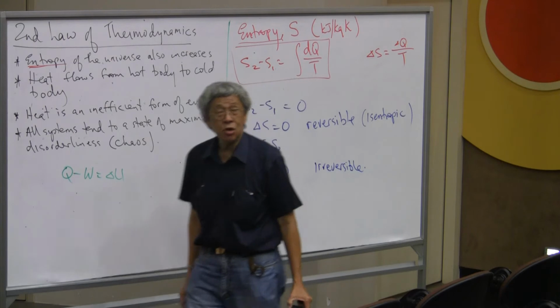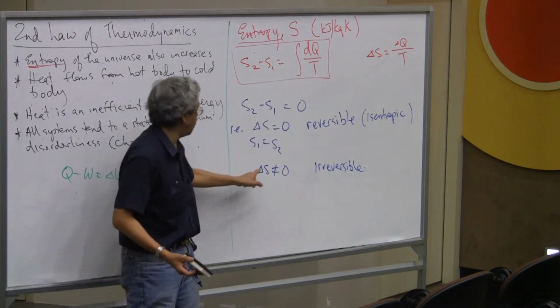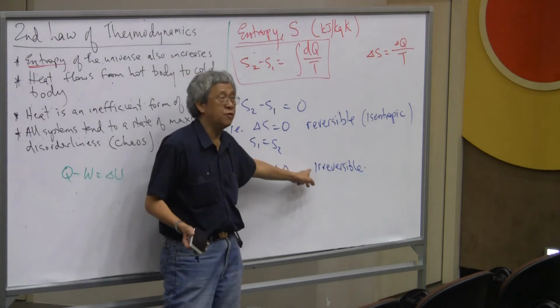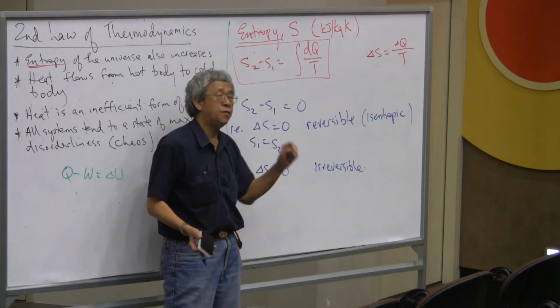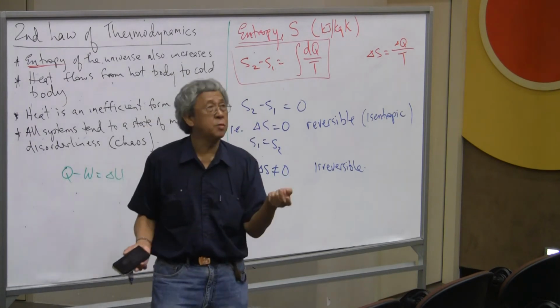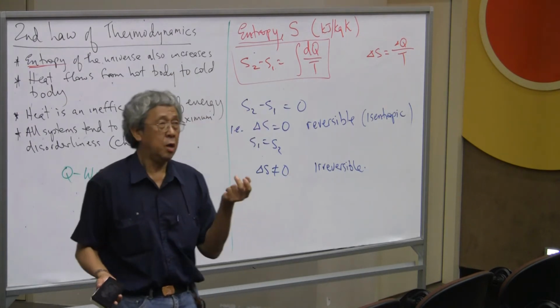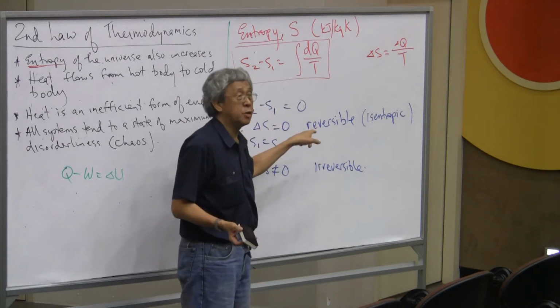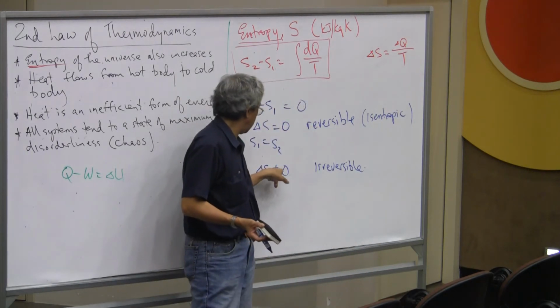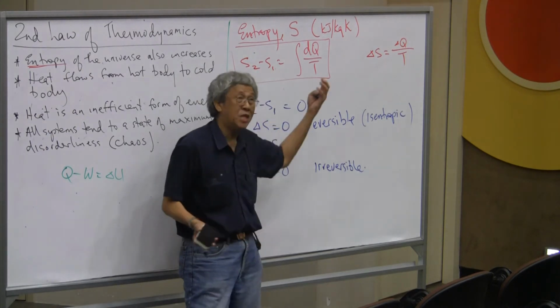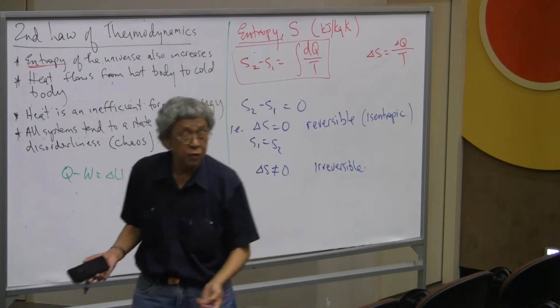So the degree of irreversibility will depend on this change. If the change in entropy is very huge, highly irreversible. If the change in entropy is very tiny, there is a high degree of reversibility. Of course, you know that in theory it is reversible, but if the change is very small, you can consider it to be 0, you can treat it as reversible.